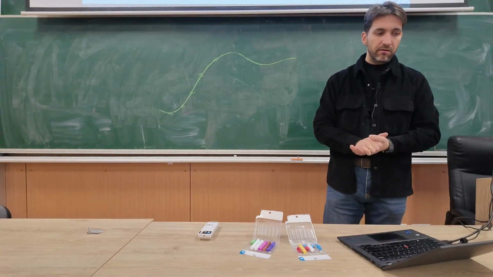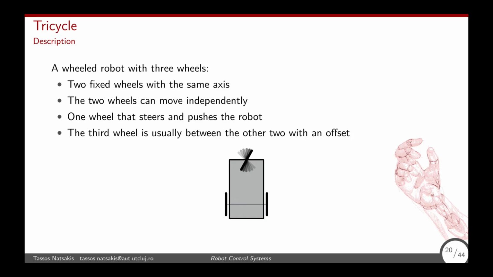The next type of robot that we'll see is what we call the tricycle. Basically, it's a robot with 3 wheels. It has 2 fixed wheels with the same axis in the back, or it can be considered the front, but typically this is the back side. The two wheels can move independently, but they're not actuated.